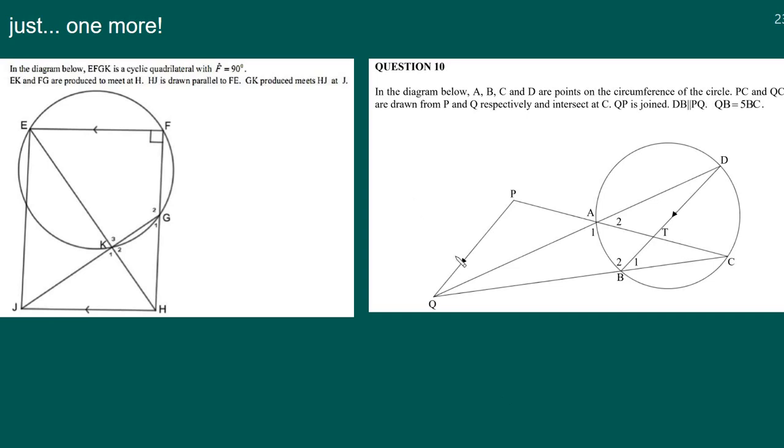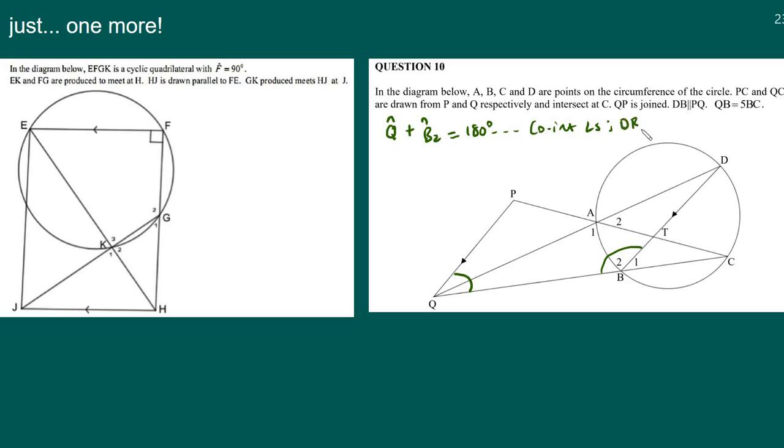Angle PQB plus angle DBQ add up to 180 degrees. So angle Q plus angle B2 equals 180 degrees. Those are co-interior angles.